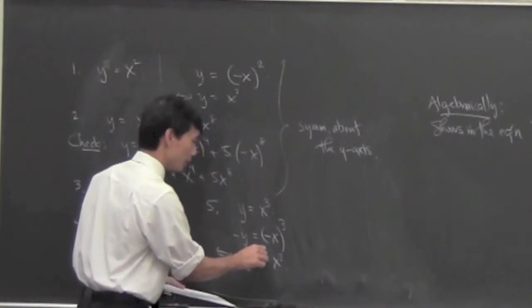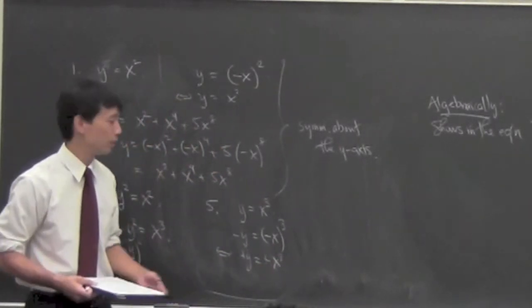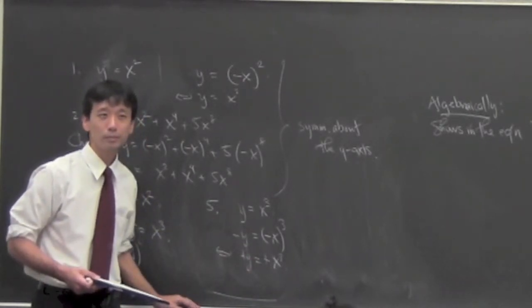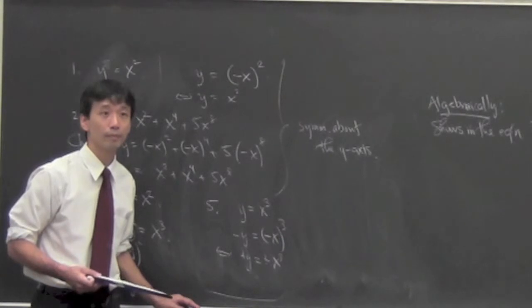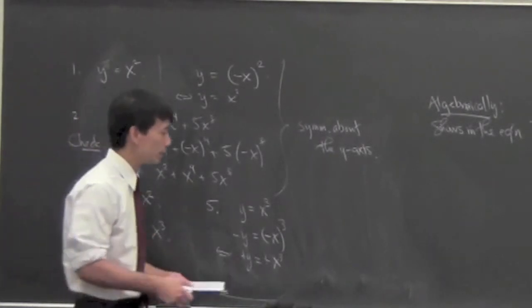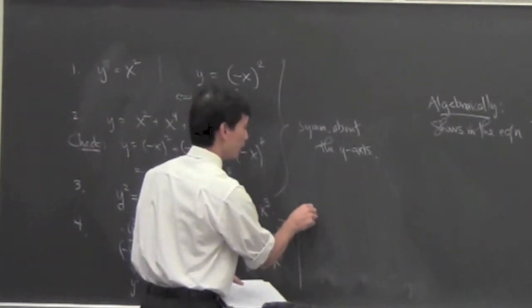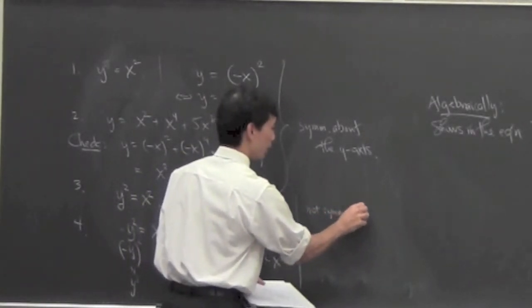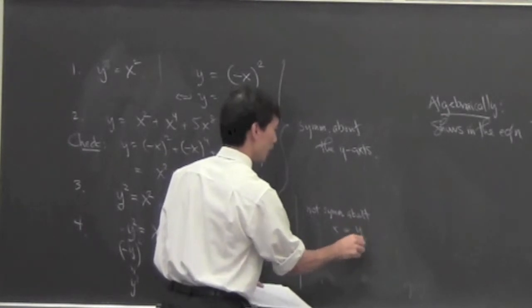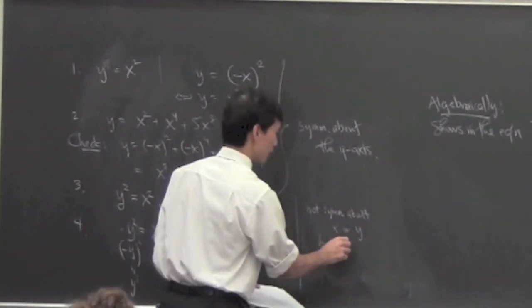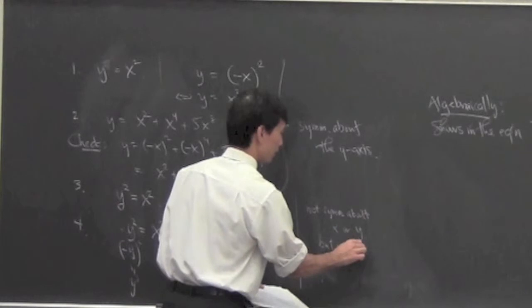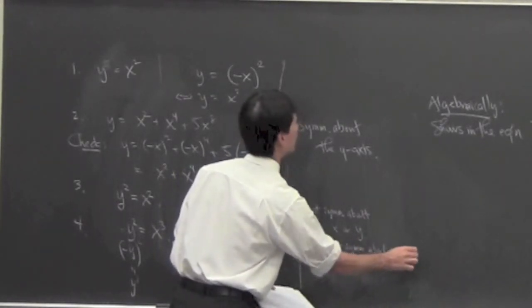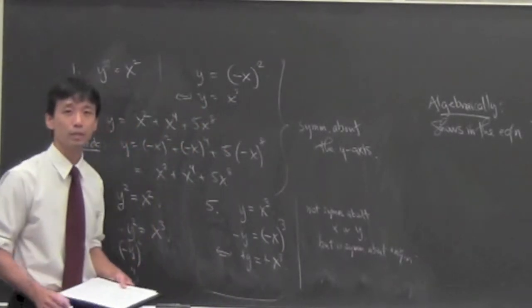You multiply both sides by negative 1, which is legal, and the solution set is the same. So this one is not symmetric about x or y, but is symmetric about the origin.